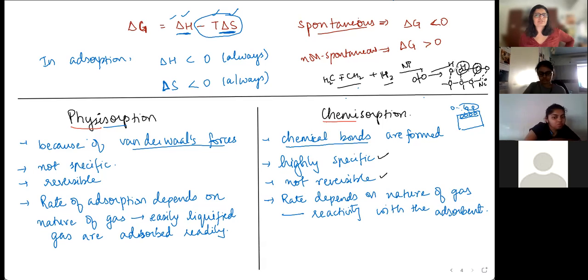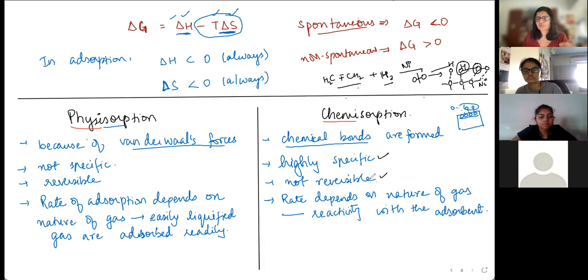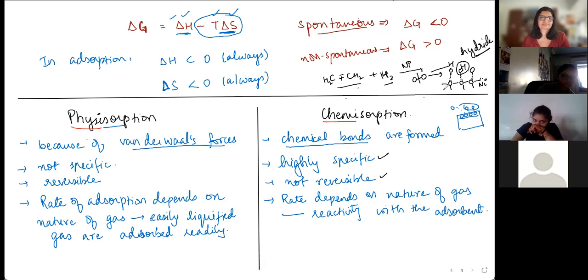It's also not reversible because we are not getting hydrogen back; hydrogen is just bonded over here. Another thing that ties in with not reversible: if I didn't add ethene and just diffused hydrogen over nickel, hydrogen deposits over the nickel surface and a type of hydride is formed, NiH something.